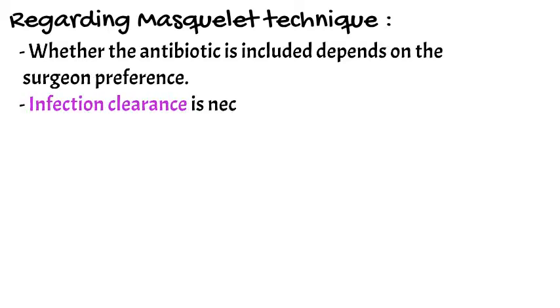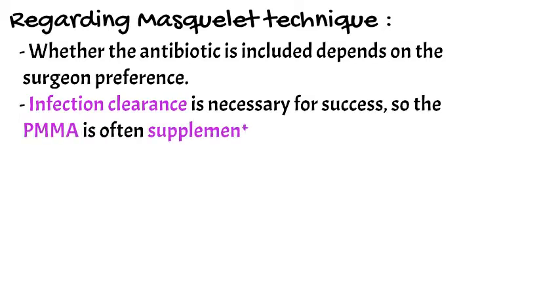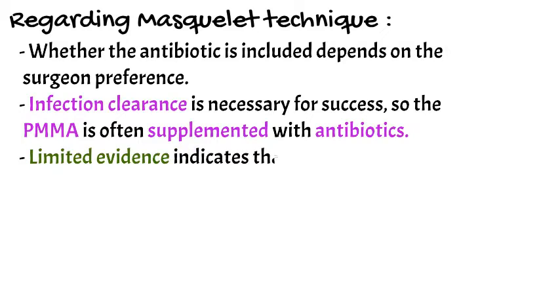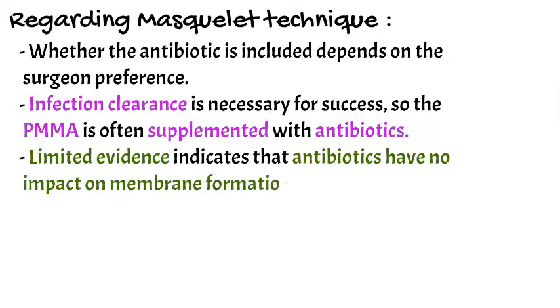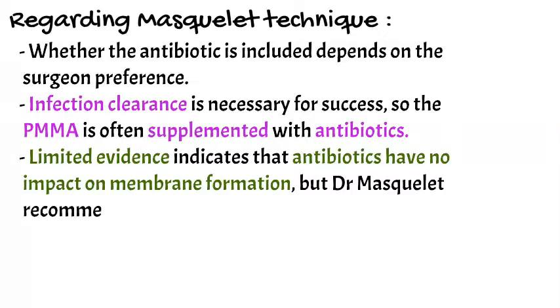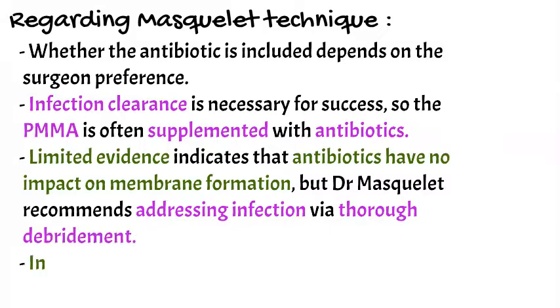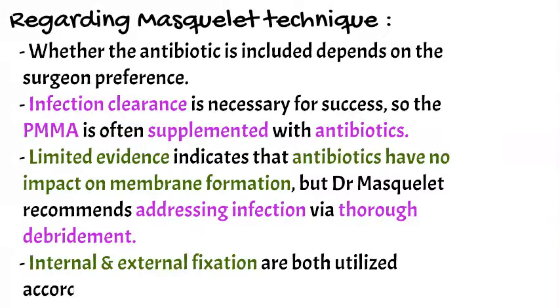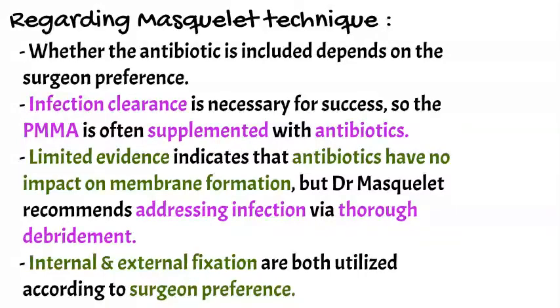Infection clearance is necessary for success, so the PMMA is often supplemented with antibiotics. Limited evidence indicates that antibiotics have no impact on membrane formation, but Dr. Masquelet recommends addressing infection via a thorough debridement.